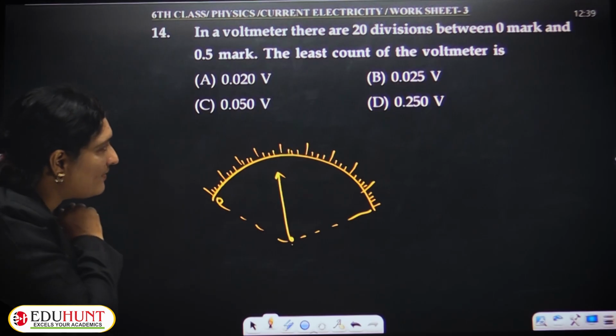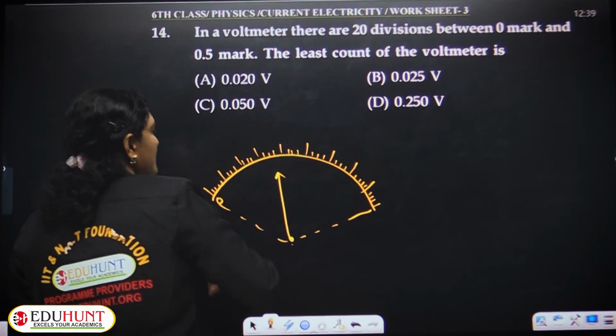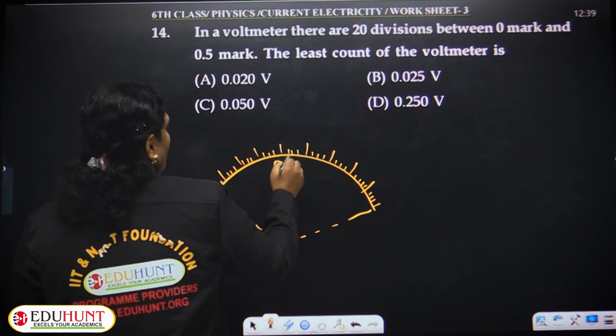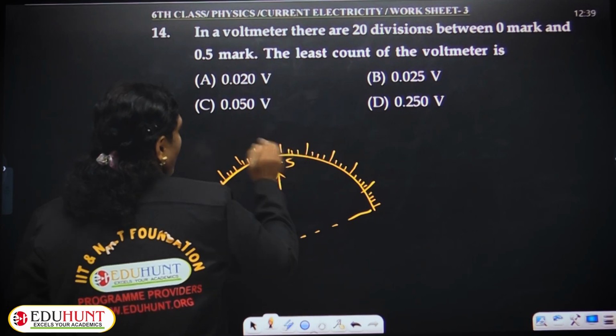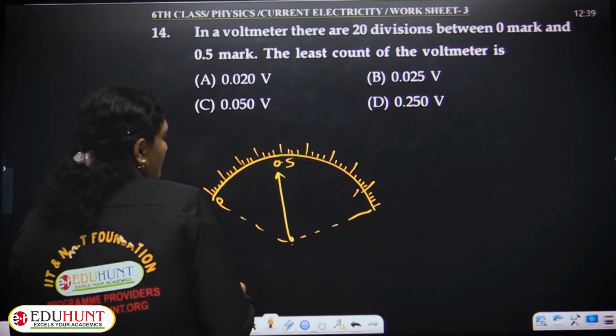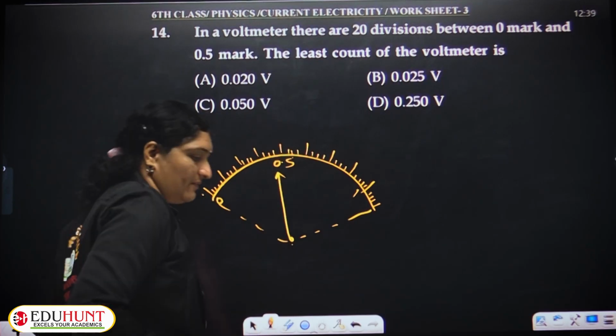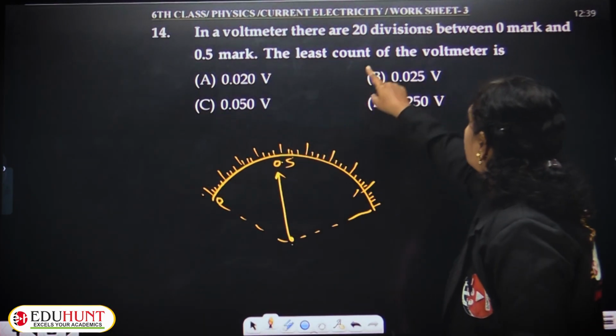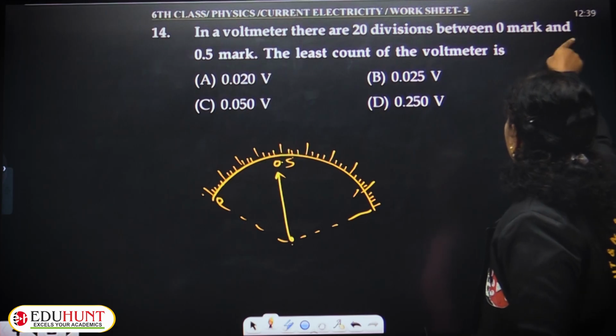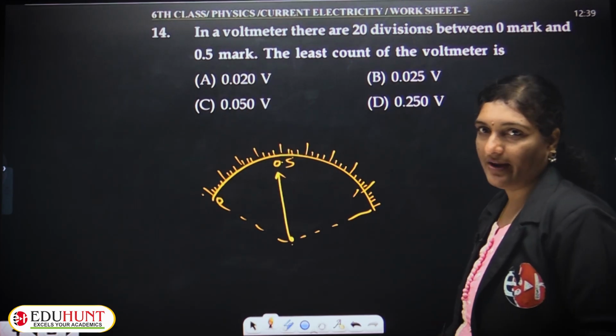What was given is that between 0 and 0.5, there are 20 divisions. So in the voltmeter, there are 20 divisions between 0 and 0.5.